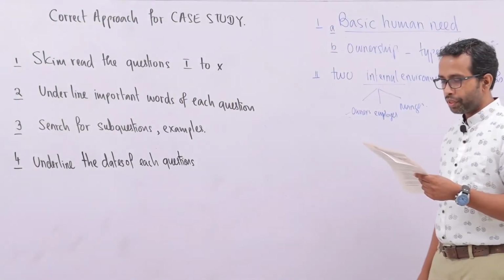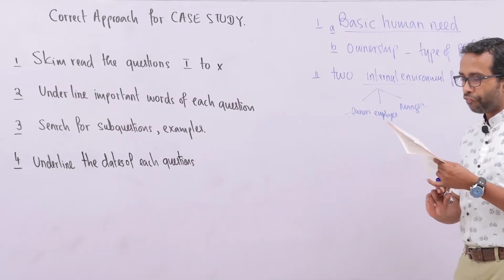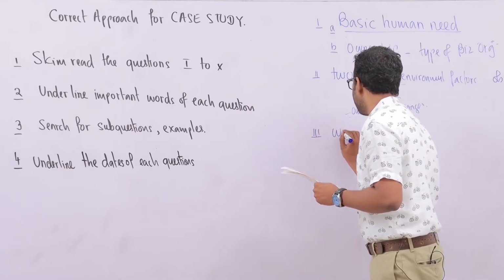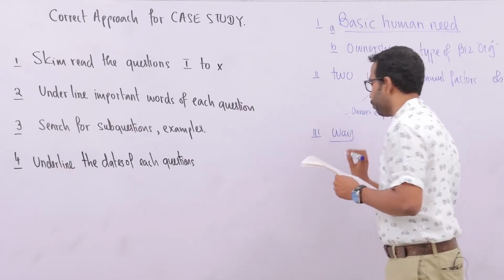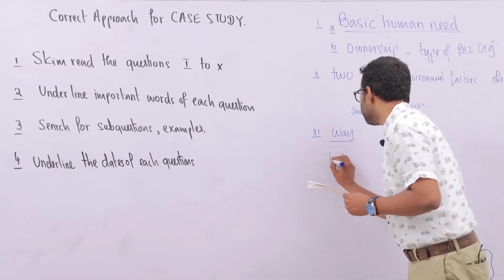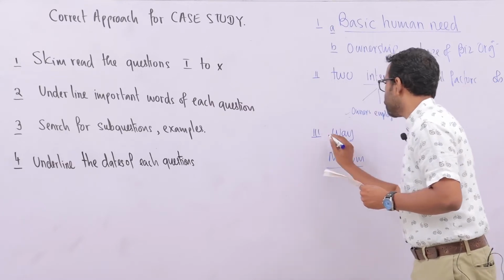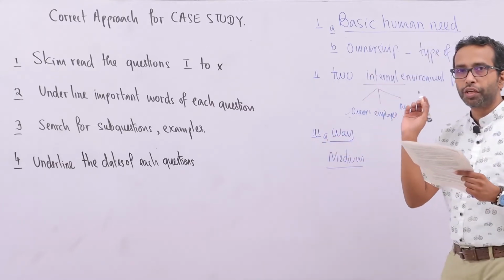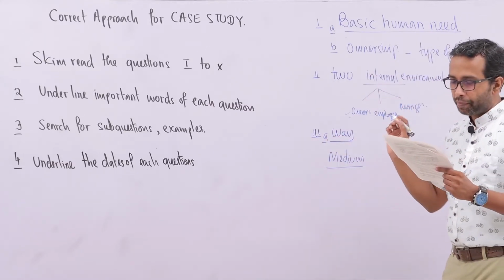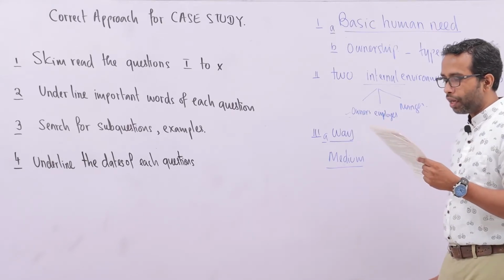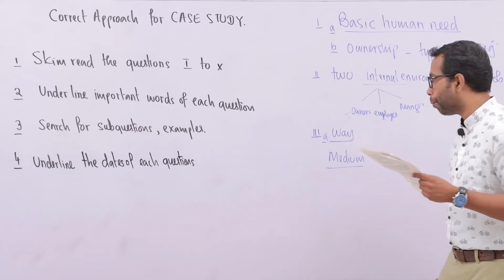We will move to question number 3. Name the way of transport. Please underline way and the medium, that is part A. Next, write 1 strength and 1 opportunity.